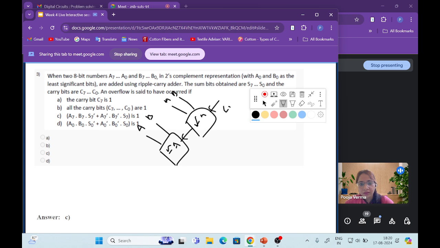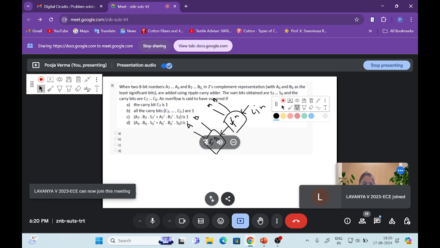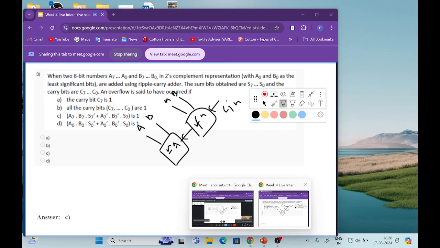There is a C in, and the carry of this adder goes to the next adder, right? There are 8 bits, so 8 full adders will be there in that case.